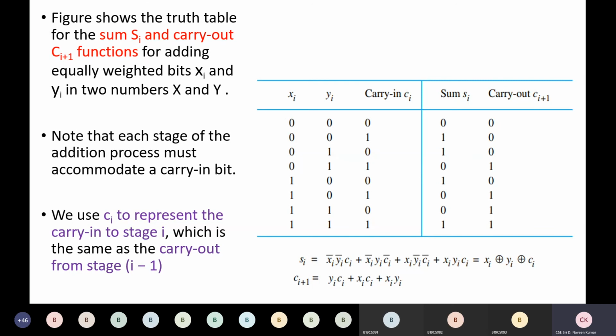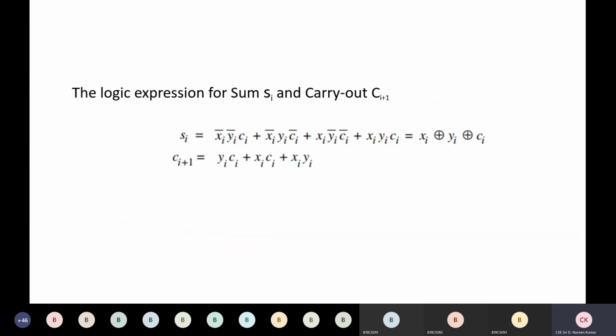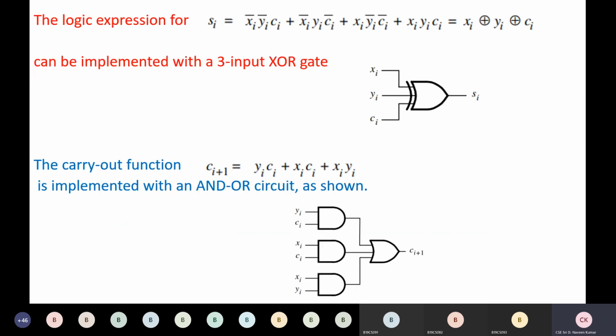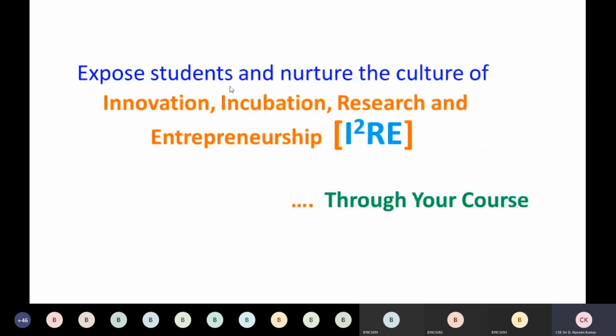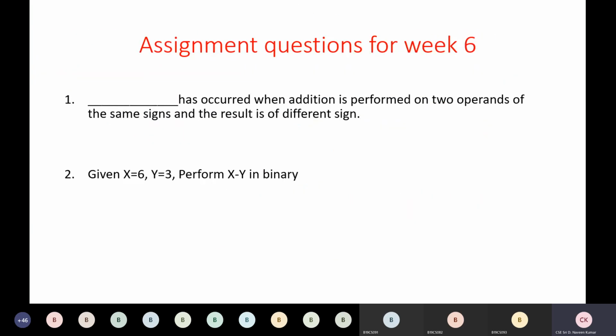So next week I want you to submit these two, CRP and CP, by Thursday. Okay.